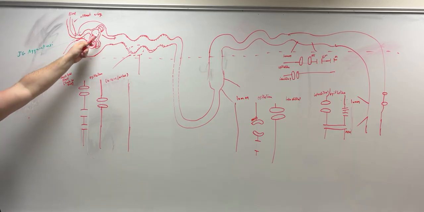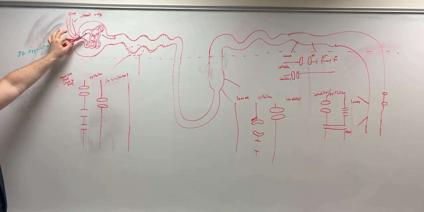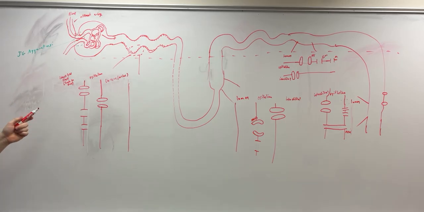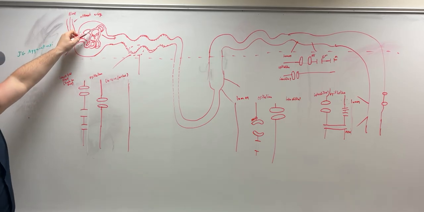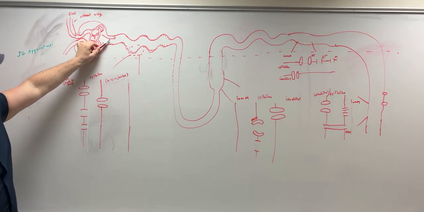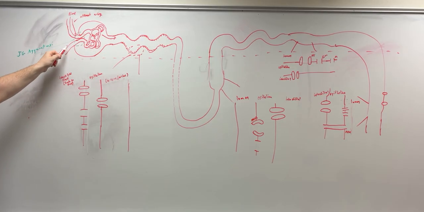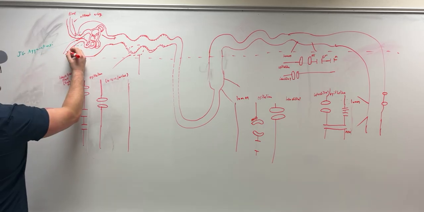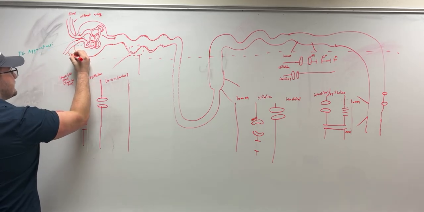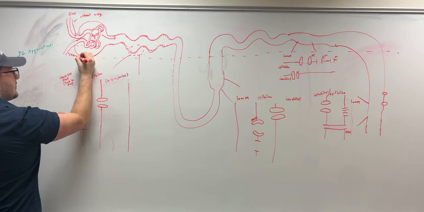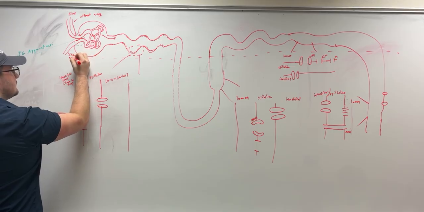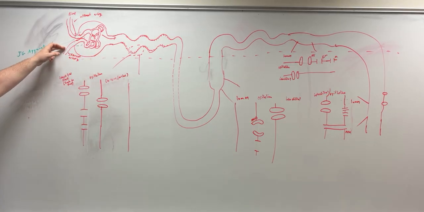All of these capillaries allow for exchange of various things. And then once a lot of stuff goes out into the nephron or is filtered, the remaining bits will come out of this artery, which is our efferent artery. So this is the efferent artery and this is the afferent artery.